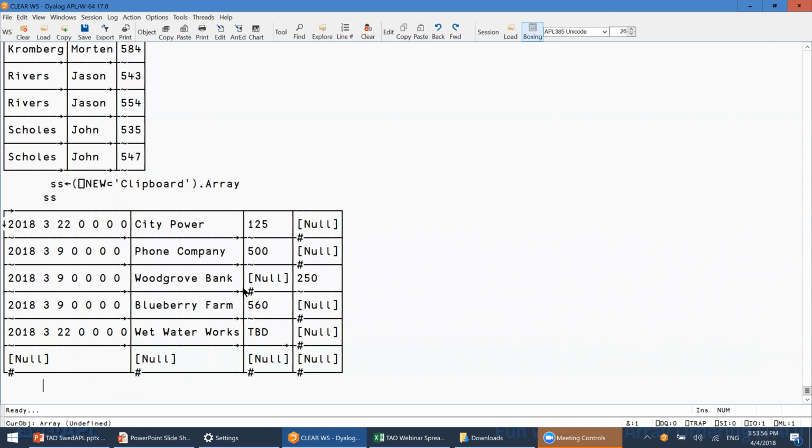And now you can see also from our box display that here we have numeric scalars. We have, well, I call it a ref, but it's a quad null scalar, and we have a numeric vector, and there's a character vector.